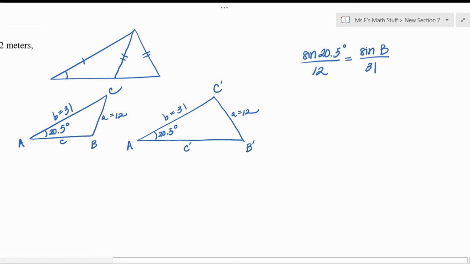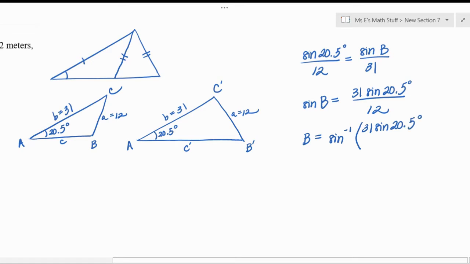And then let's just go ahead and solve for B. So let's cross multiply and divide. And then to undo sine, we'll take arcsine on both sides. Make sure when you write arcsine, you always write it on the left of what you're taking the arcsine of, to show that you know that it's a function.